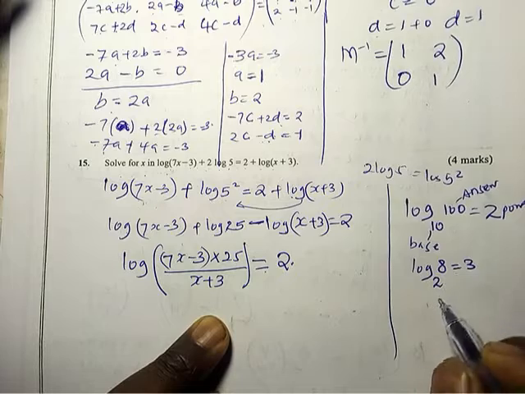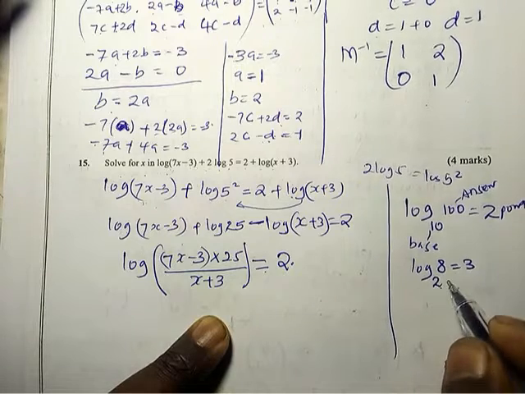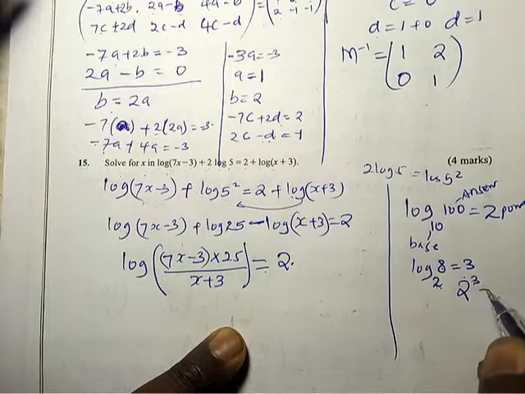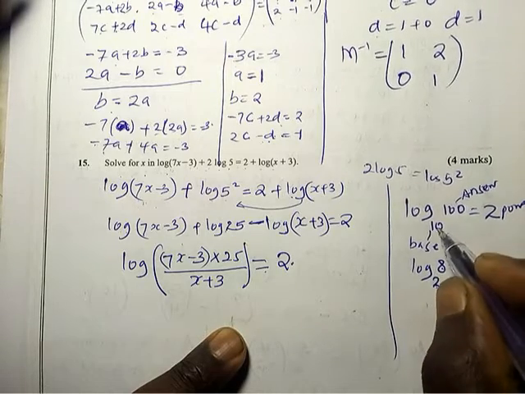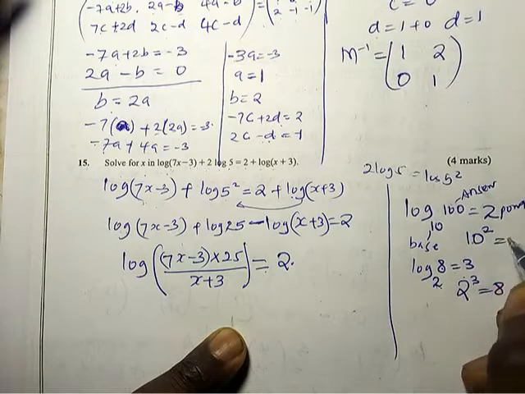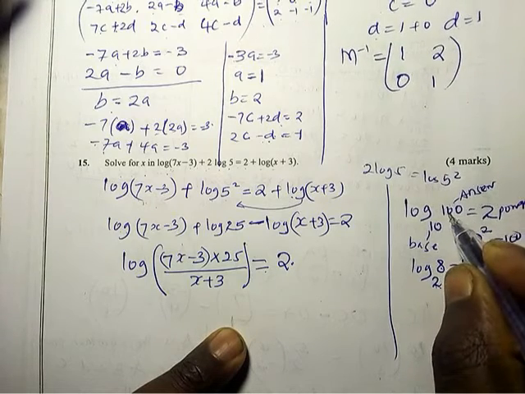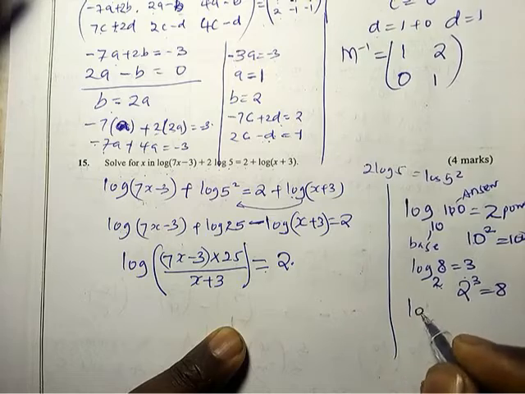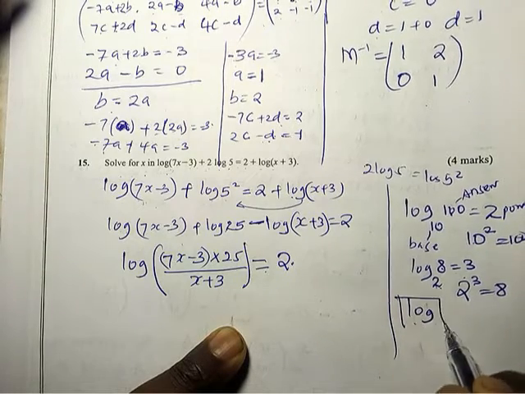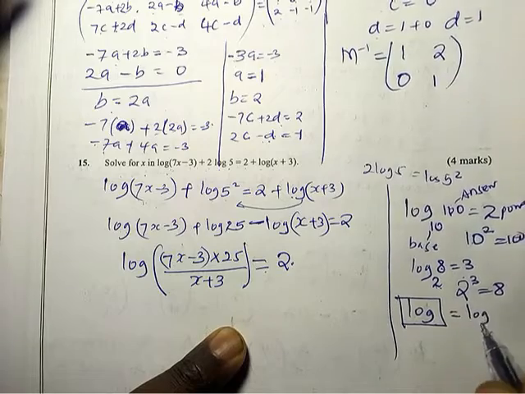So this is the base, the answer, the power. So the base is 2, the power is 3, and the answer is 8. Similarly, the base here is 10, the power is 2, 10 raised to power 2, the answer is 100. And when a log is just written like this, it's always to base 10. If it is just written like this, it's the same as log to base 10.